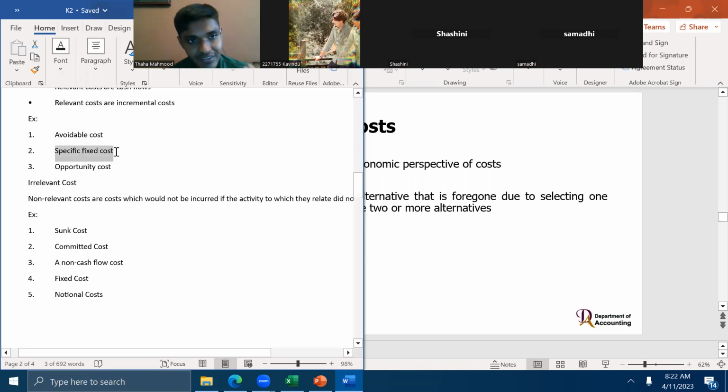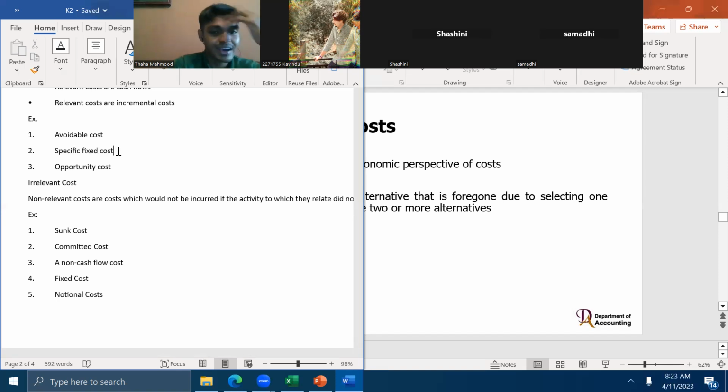හරිද? Because specific fixed cost වෙන්නේ එක unit එකක් නෙමෙයි. When we are producing a group of units වැඩියෙන් produce කරද්දී incur කරන cost එකක්. Let's say we are trying to decide whether to accept a certain customer's order. Now if we accept this order, we have to rent a certain machinery.